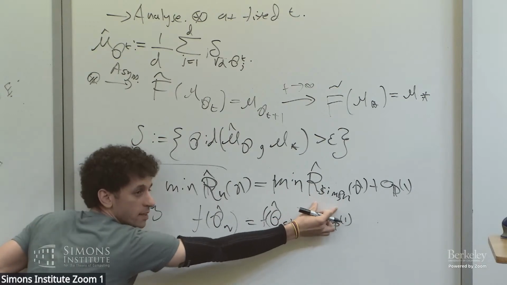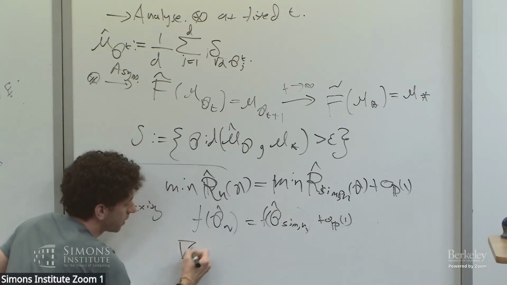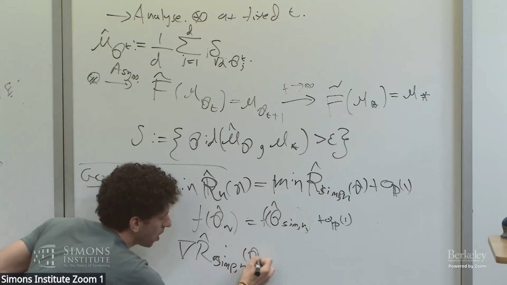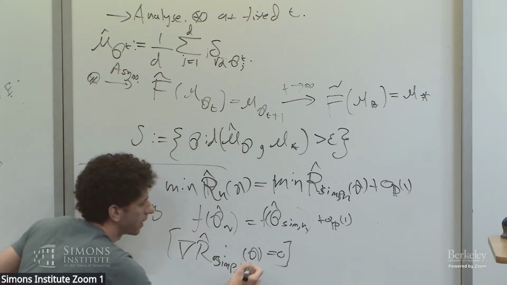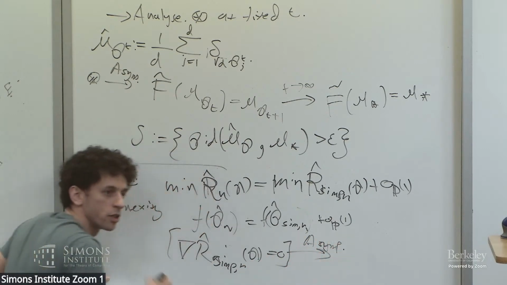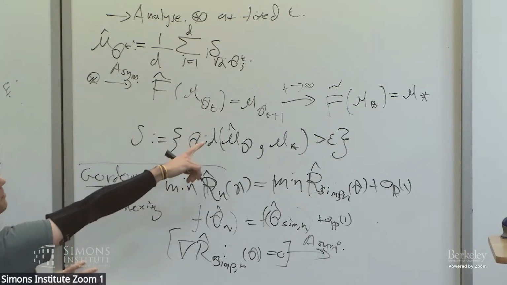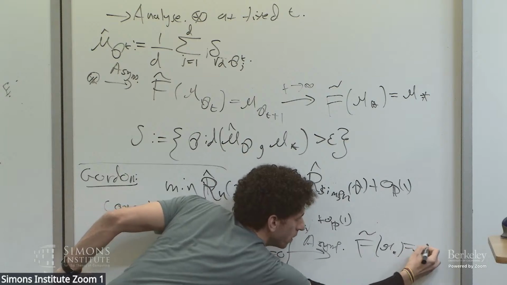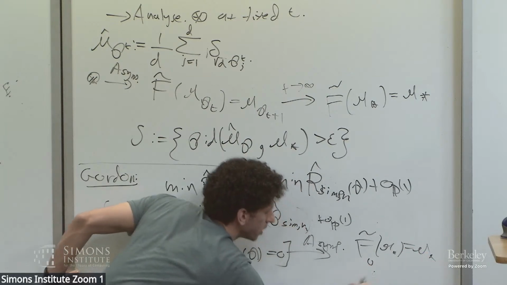And it turns out that this is simple enough that if I just look at the gradient of this simplified problem and set it to 0, I can directly analyze its asymptotics to conclude a condition like this, f tilde mu star equals mu star. And I'll call this f tilde 0.